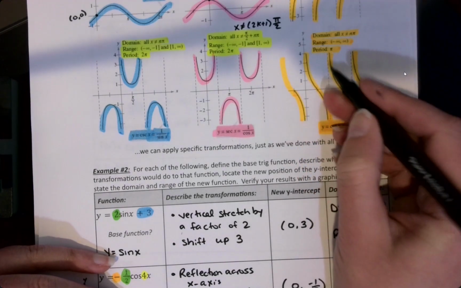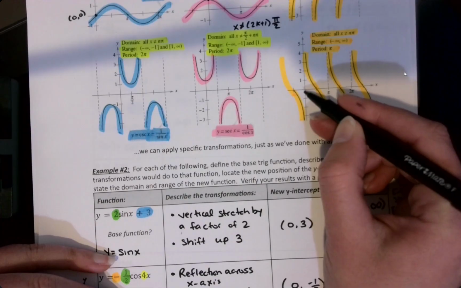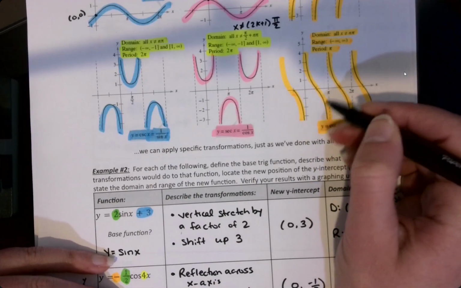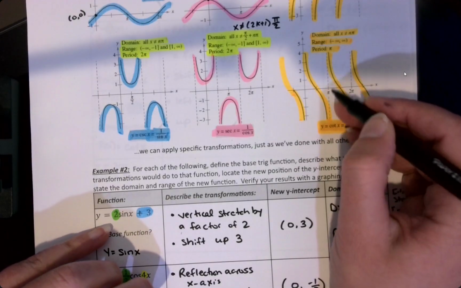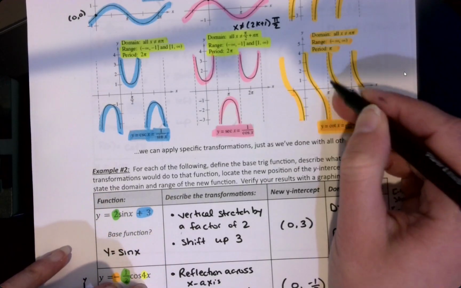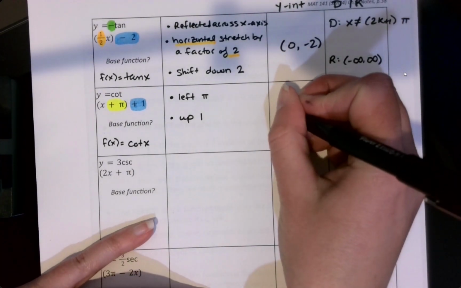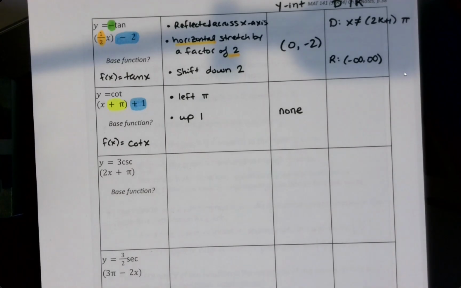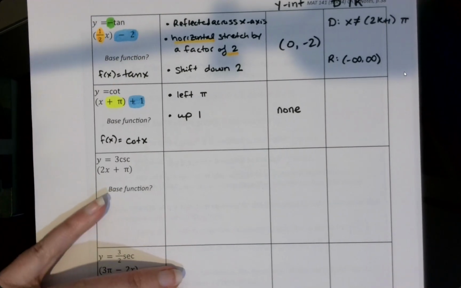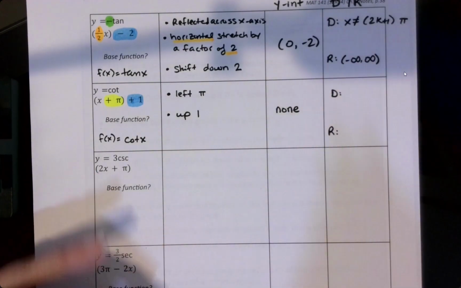So it looks like since pi happened to be another asymptote, we're still going to have an asymptote on the y-axis. So there's not going to be a y-intercept. And if I shift up 1, that's not going to change the location of any point because there is no point right here. So we're going to say that there are none in terms of the y-intercept because of these transformations.